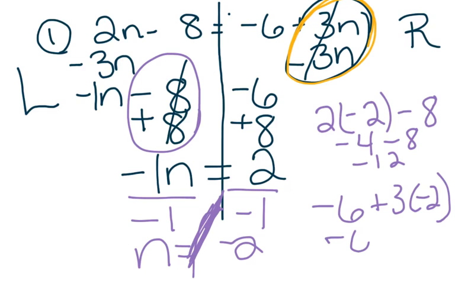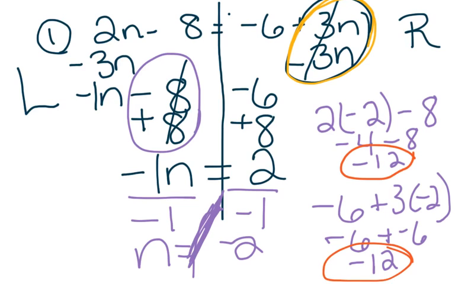And here I get negative 6 plus negative 6, which is also negative 12. If I plug in the variable on the left and right-hand sides and I don't get the same number, the sides aren't equal, I've done something wrong, and I need to find my mistake. But again, you can check these by plugging negative 2 in for each n and making sure the left side balances with the right side.